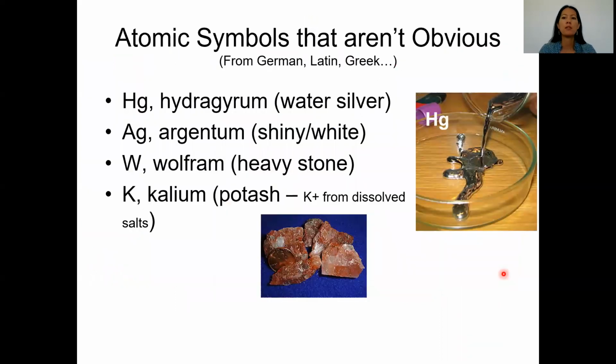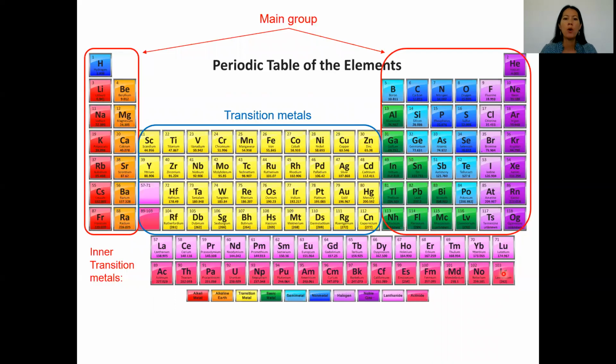There's some atomic symbols that aren't obvious, so I do want you to know Fe stands for iron, Zn stands for zinc. Definitely know the main group ones, and I would say the first three rows here of the transition metals. Know those. The ones below, not so much.